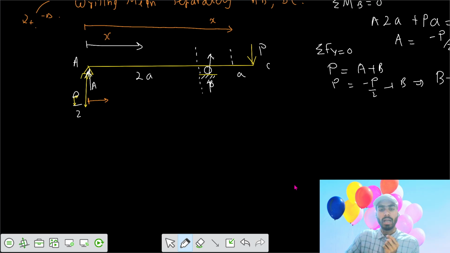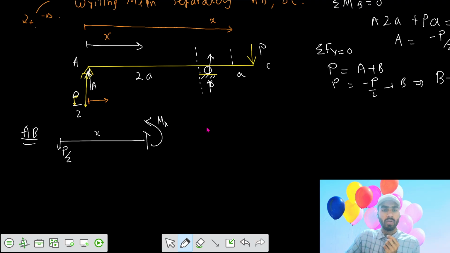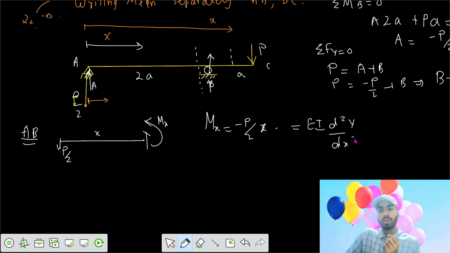So for segment AB, we can write the moment equation. Here the reaction was downwards P by 2, and we have x, and let's say the shear force here is V. We can write the moment at any x, Mx. So your moment Mx becomes minus P by 2 times x, that equals EI d2y by dx2.